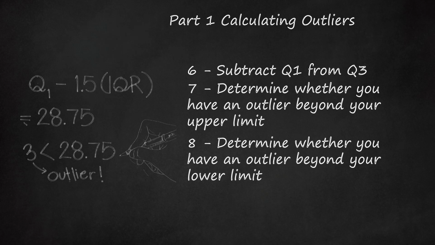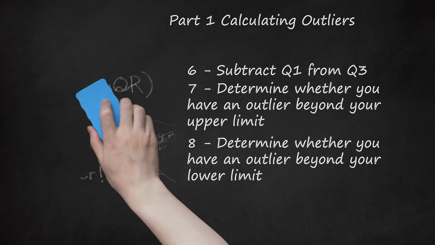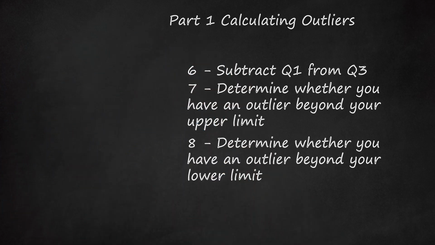Any number lower than 28.75 is an outlier. In the sunflower data set, 3 is less than 28.75, so it is an outlier. You can justify your decision to eliminate it from your data.